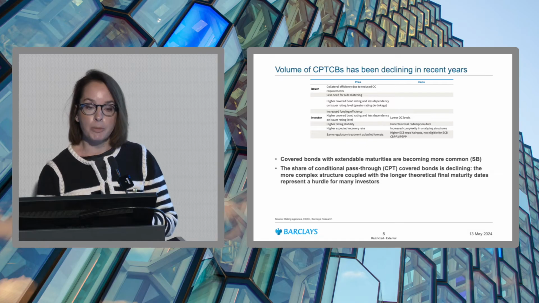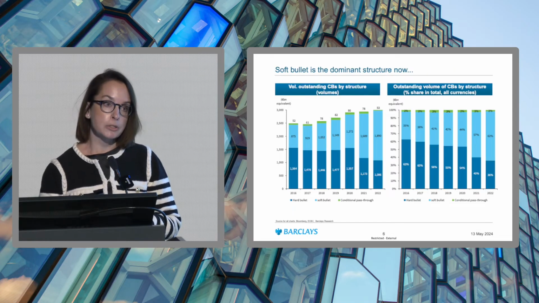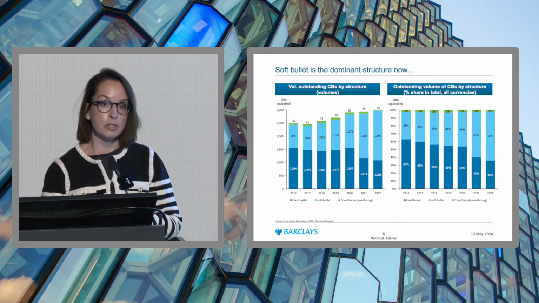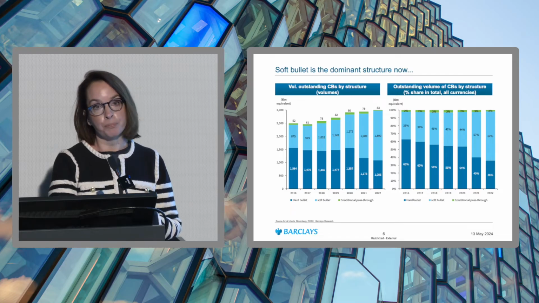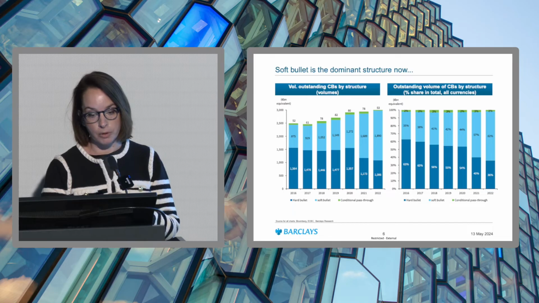Now, turning a little bit to the market, as I was saying earlier, the covered bond market started off mainly as a hard bullet format. And over the years, the soft bullet was introduced, and this has now become more and more the norm.